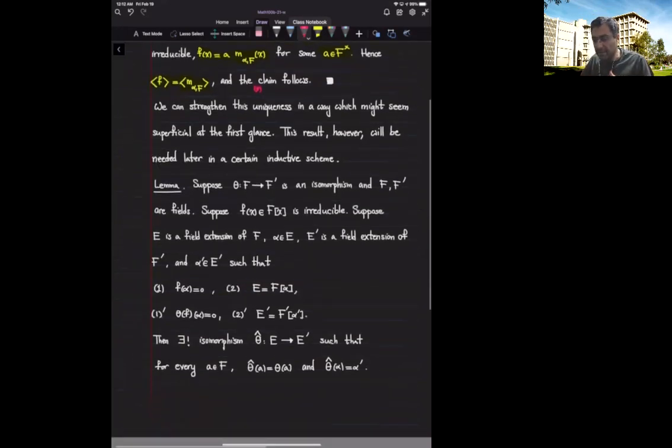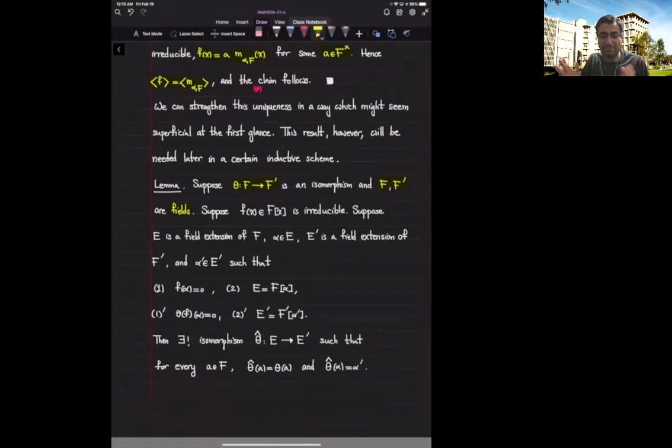So suppose I have an isomorphism between the fields F and F prime. So F and F prime are two fields, and I'm given a ring homomorphism between these things. So we often abbreviate these two statements and say, suppose theta is a field isomorphism.